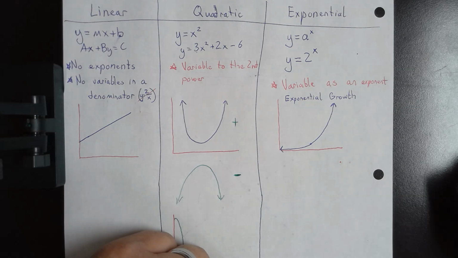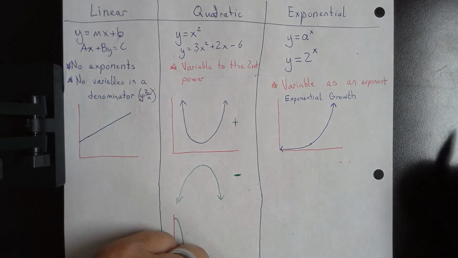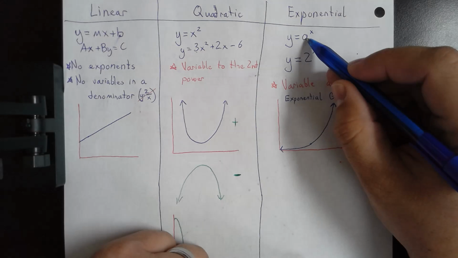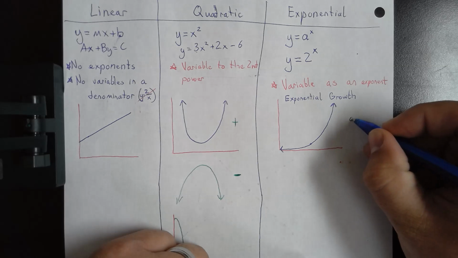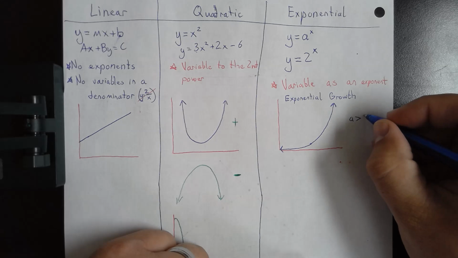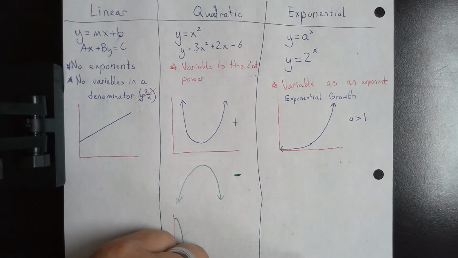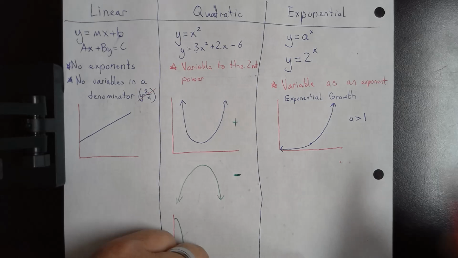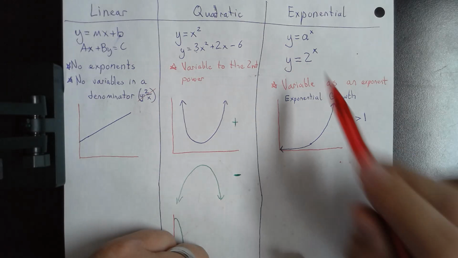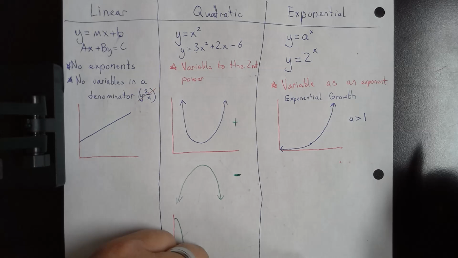That's what an exponential growth equation looks like. And we get this anytime our a value is greater than 1. Okay, so even at just 1.1, anytime our a value, that value in front of our x as the exponent, is greater than 1, that's going to be exponential growth.